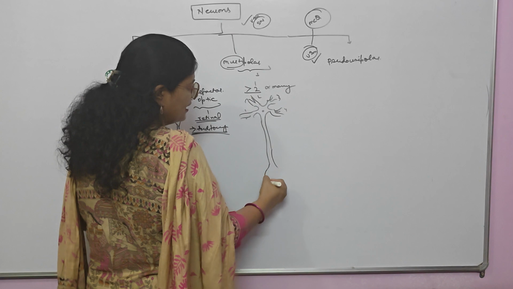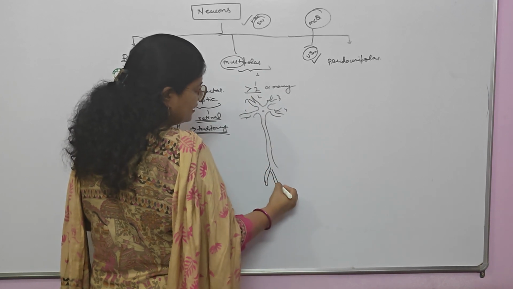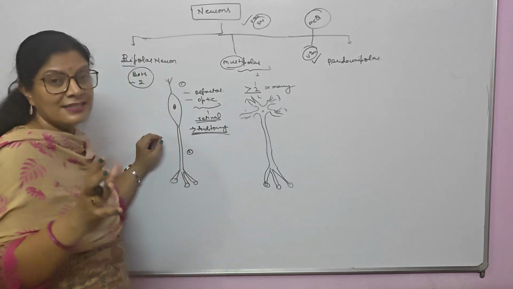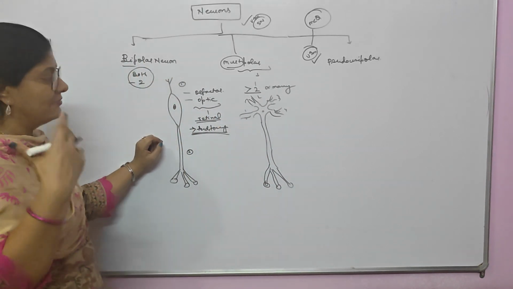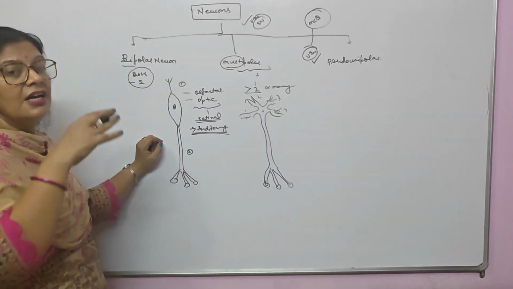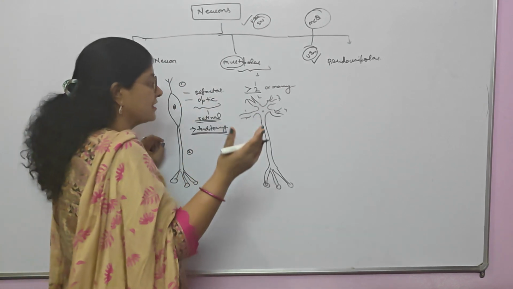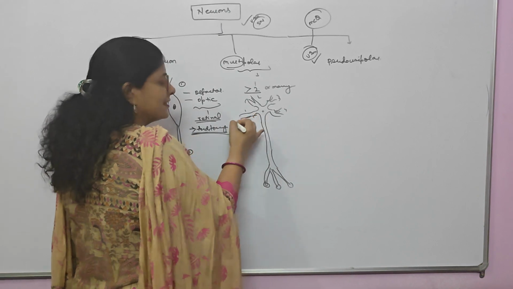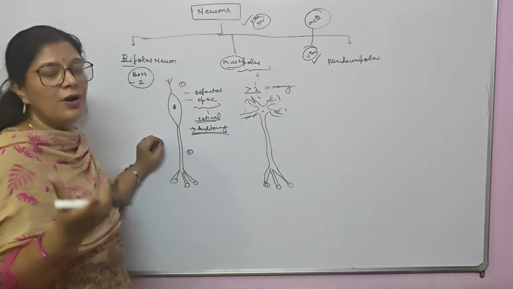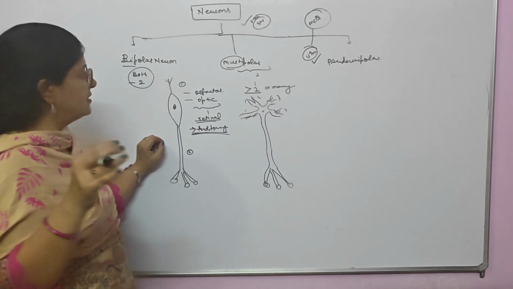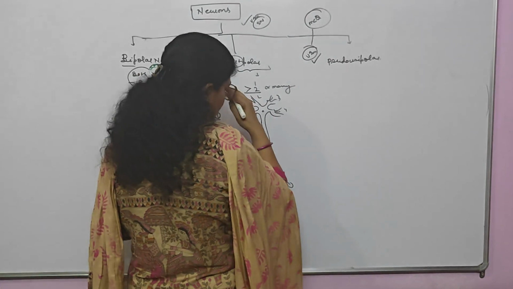This is the axon and this is the nerve terminal. So all the neurons which are forming the tracts, like we have the pyramidal tract, ascending tract, descending tract, lateral spinothalamic, various tracts we will be discussing. A short introduction about the tracts is given in this. So this is the multipolar.